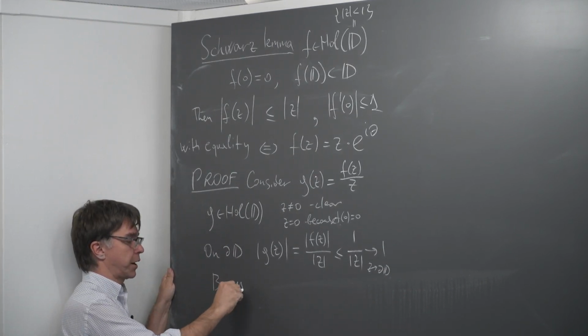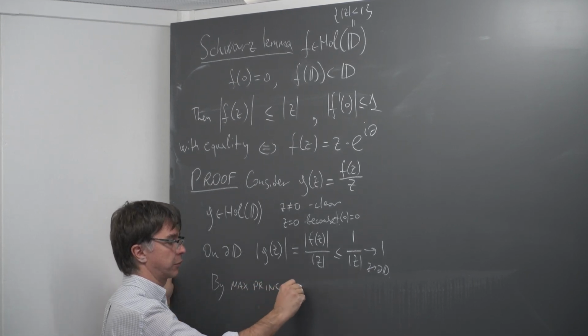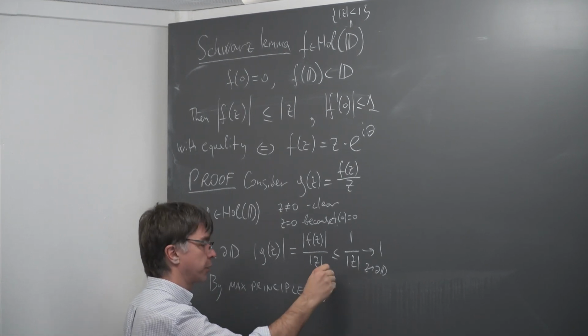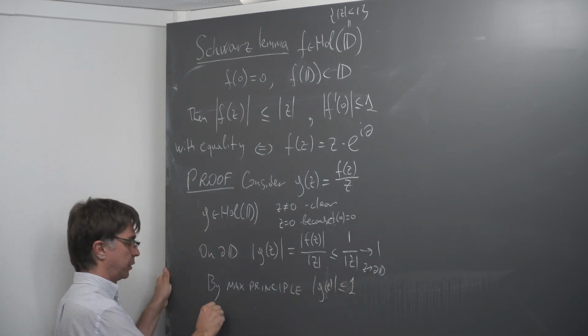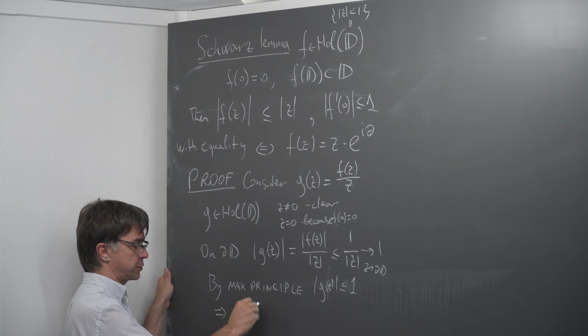So by the maximum principle, the modulus of g is at most 1, which means that the modulus of f of z is no more than the modulus of z.